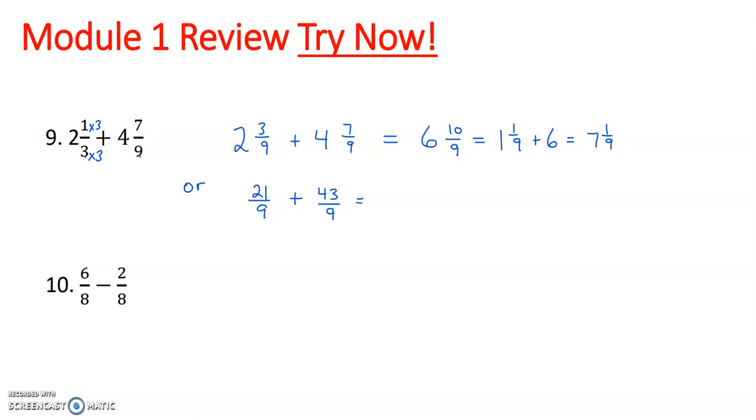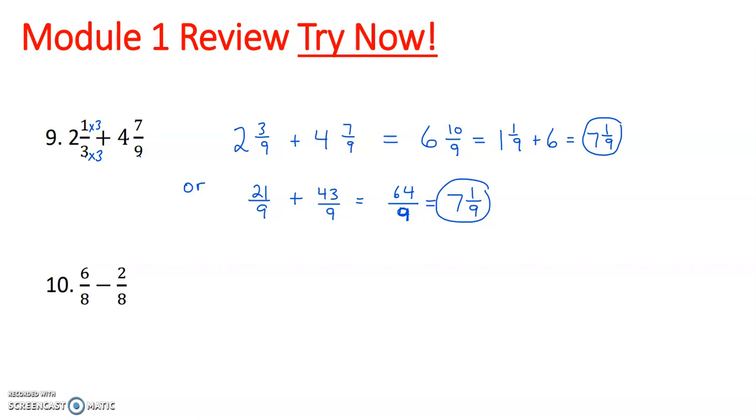And then you can add these numbers together. So we're going to end up with 64 over 9. Whoops, over 9, not over 4. And now we divide up. 9 goes into 64 7 times with 1 left over. So we end up with the same answer if we carry or if we change to improper fractions.